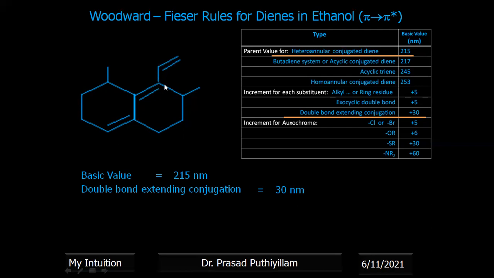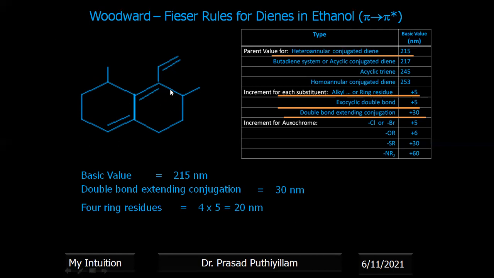Therefore, this particular single bond we cannot treat as an alkyl substituent. So we'll see the remaining. Here one, here one, here one, then here one. How many ones are there? 1, 2, 3, 4. So we have 4 ring residues, that is 4 into 5, 20 nanometer. Then exocyclic double bonds.